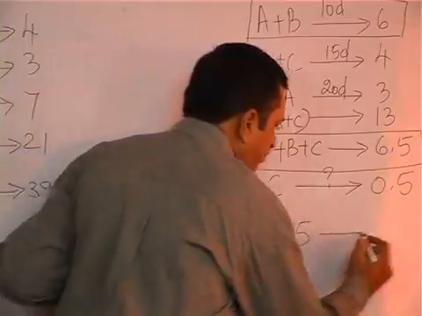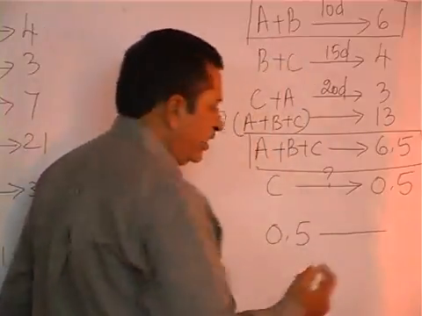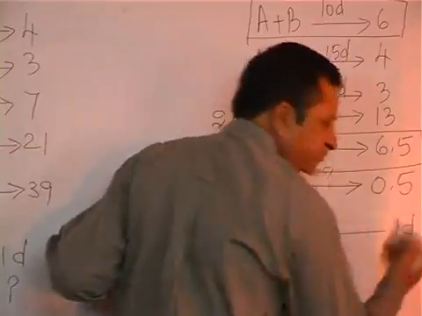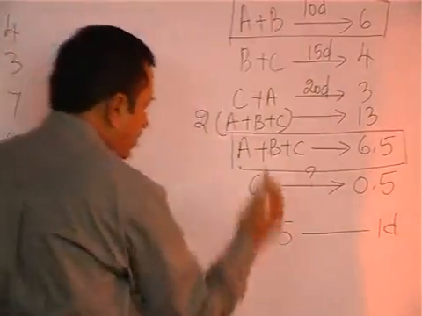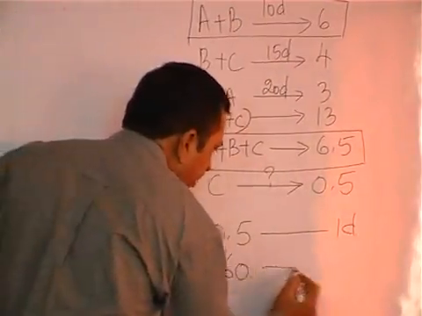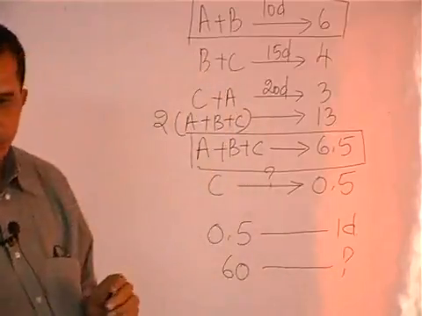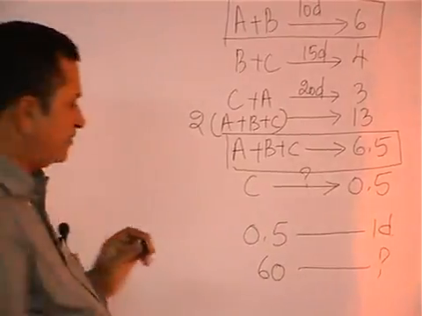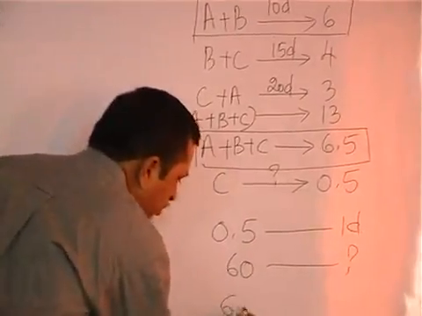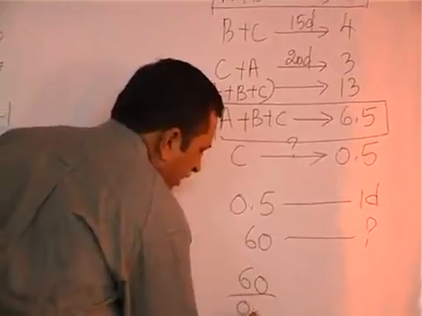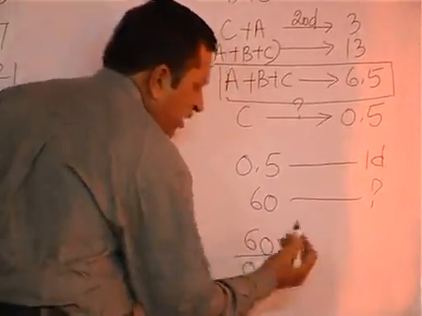So, 0.5 units are completed in one day by C. Total work means 60 units, he will complete in how many days? More number of days are required, so more by less into 1.